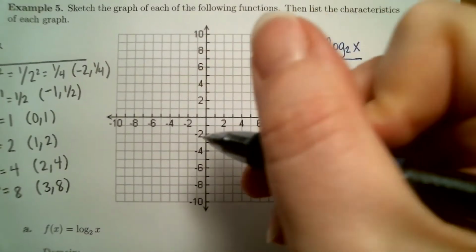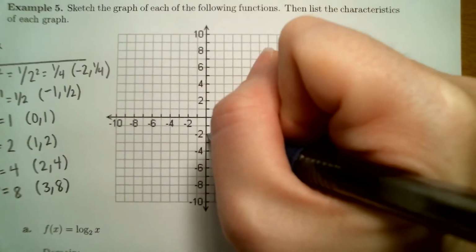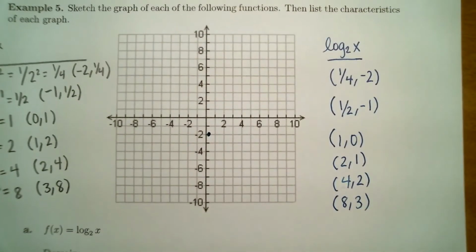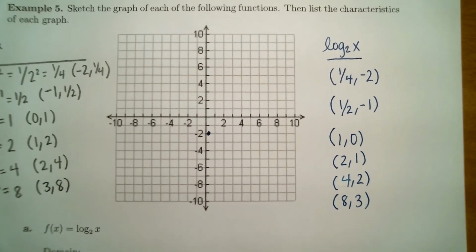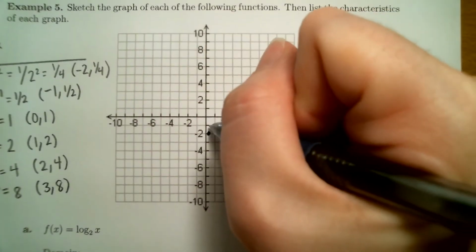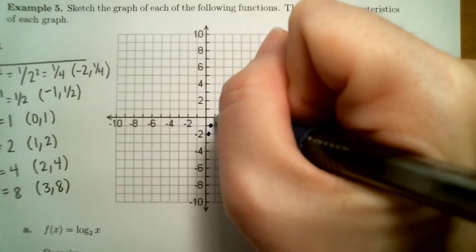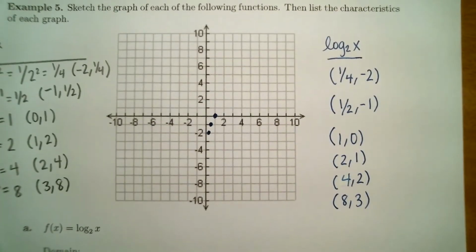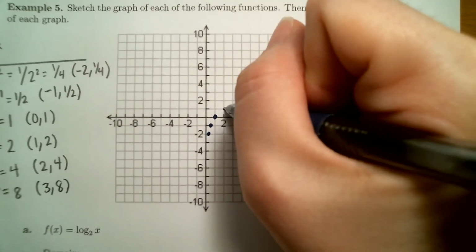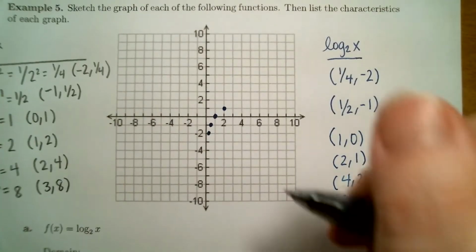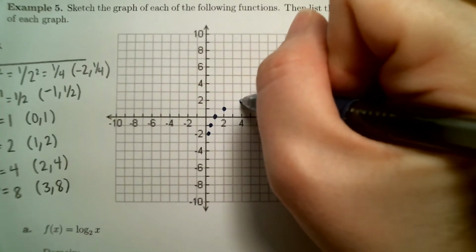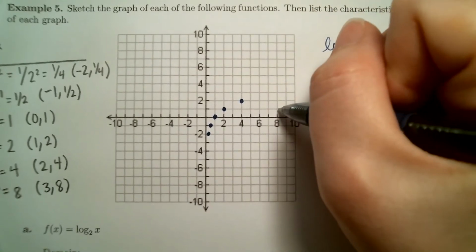You're going to have to eyeball it. Let's say this point is about right here. Then 1/2 is 0.5, -1, about right there. And then we've got 1, 0, 2, 1, 4, 2, and then 8, 3.